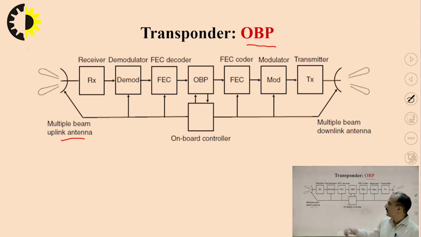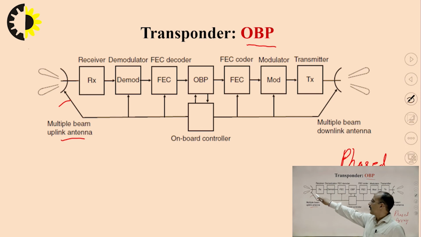That's why we are using phased array antennas on these onboard processing transponders. Phased array antennas are used for supporting multiple beams. Then the remaining process is the same as the other one.